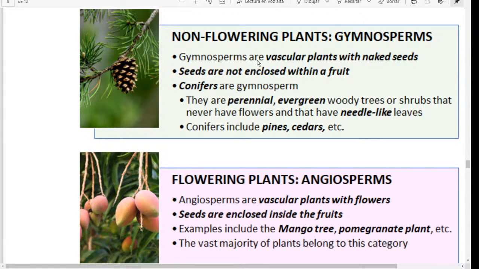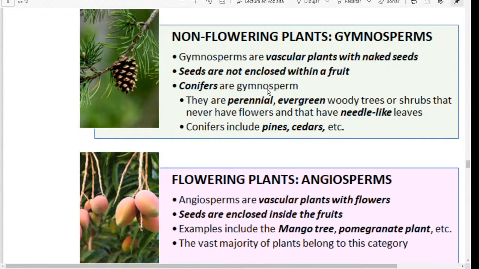So gymnosperms are vascular plants with naked seeds, but with seeds. These seeds are not enclosed within a fruit, so they are not fruits, such as oranges or apples or this kind of fruits. In this case they are naked seeds.